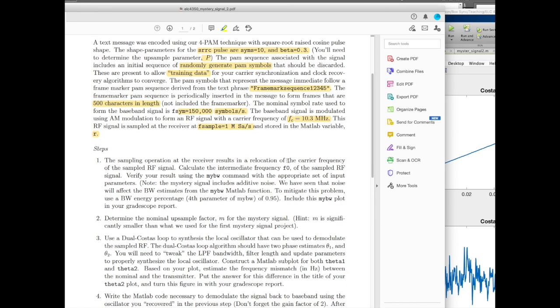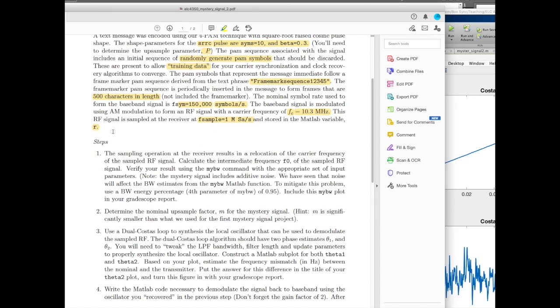Okay, so again, when you load this mat file, you will see the variable R appearing and also a time variable. You're supposed to take R, process that and go through all these steps. The very first thing you need to do is calculate the intermediate frequency.